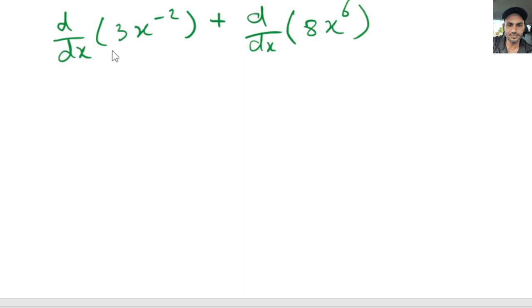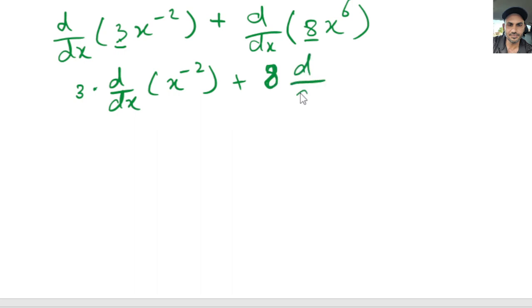Before I do that, I can take these constants out of the derivative term because they are multiplying, so we can pull them out and bring them to the front. So 3 times d over dx of x to the negative 2, and we take 8 out, so this is 8 d over dx of x to the 6th power.